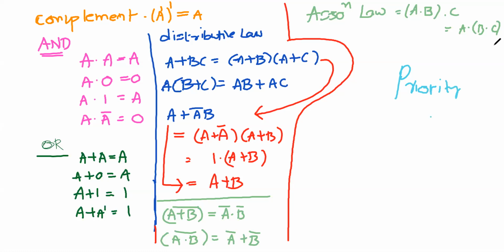Priority is given first to NOT, then to AND, and then OR.